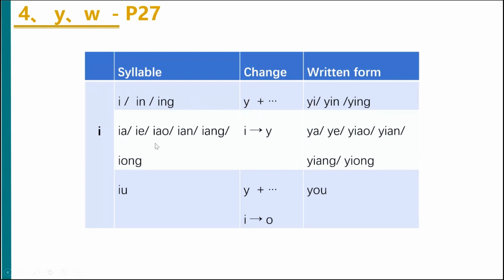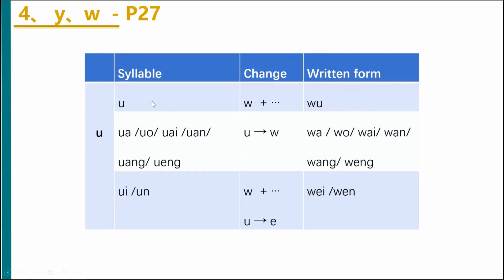Ya, ye, yao, you, yan, yang, yong. We need to change i into y. And the last one, you, since it is the most specific one and the only one, just simply remember this form. We don't need to remember the change of it.